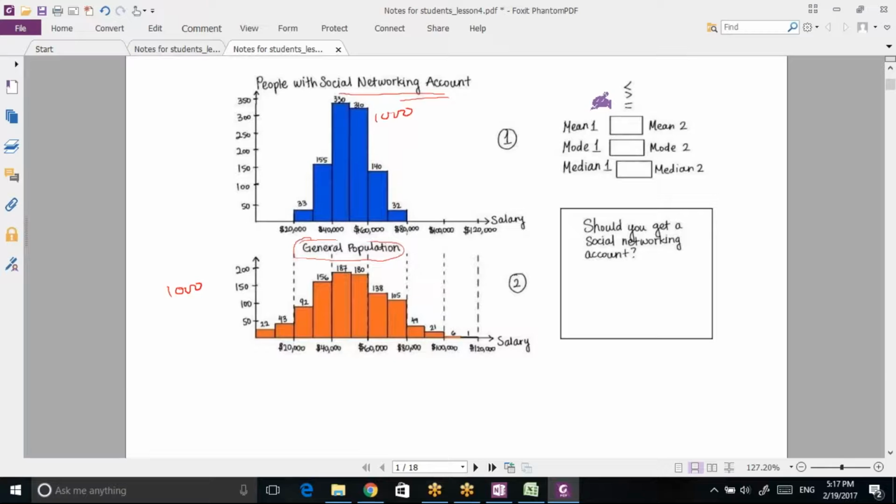Now, the first question is, how can you relate the mean of the first with the mean of the second, the mode of the first with the mode of the second, and the median of the first with the median of the second? These are your options: less than, greater than, or equal to, that you can fill in these boxes.